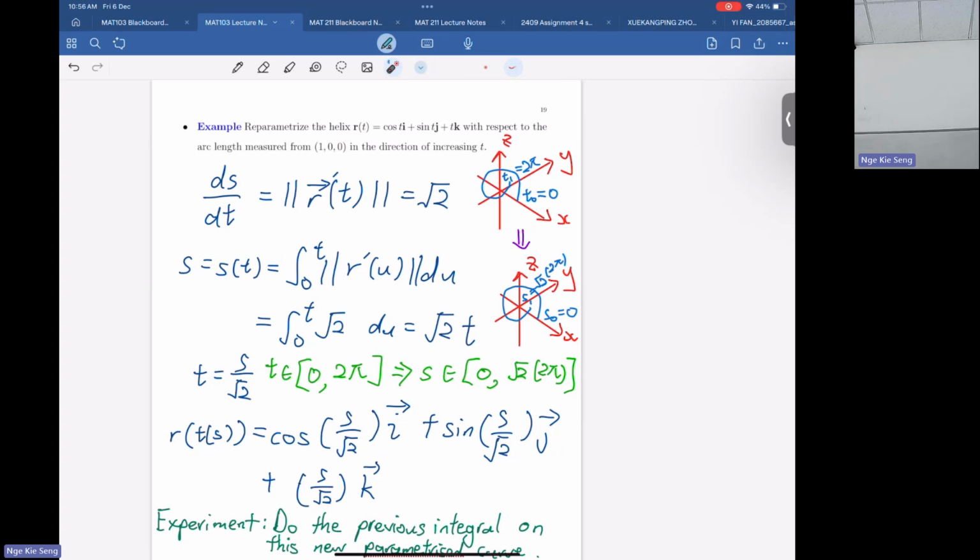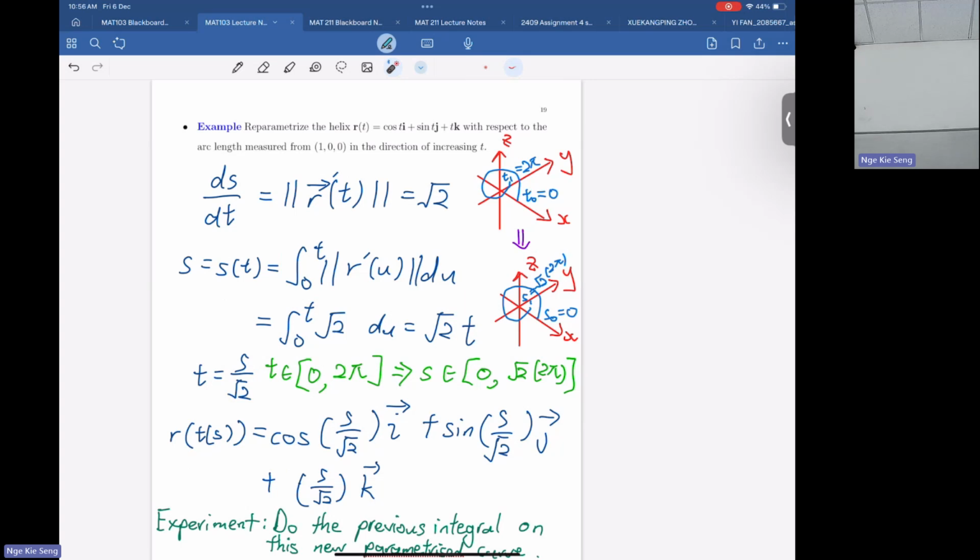But how do you change the velocity? You change it such that the speed is 1. So this is what is called arc length. You parameterize your curve such that the speed is 1.